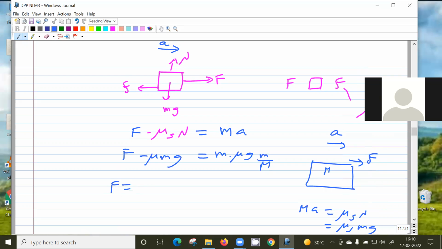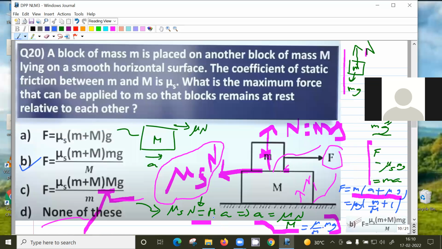From this I get F equal to mu mg is common into m by M plus 1. That is M plus m by M, mu mg. So it's option B.